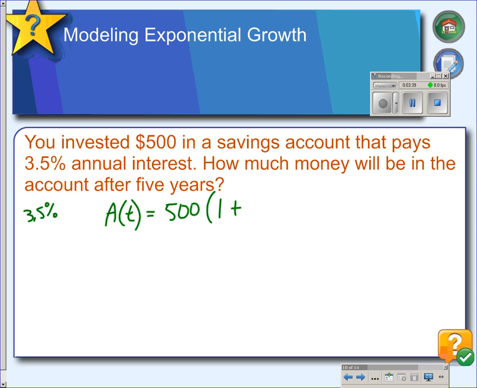As a decimal, you have to move your decimal place 2 spaces to the left. So that would be 0.035. Leaving it for 5 years. So to calculate this, you put 500 times 1.035, raise it to the 5th power, and we get $593.84.